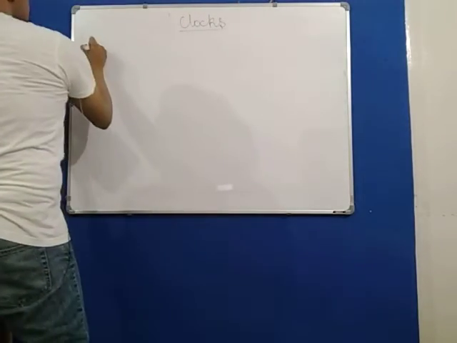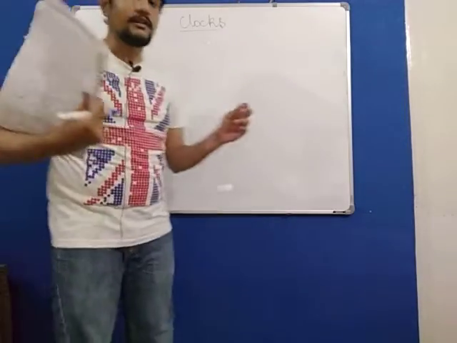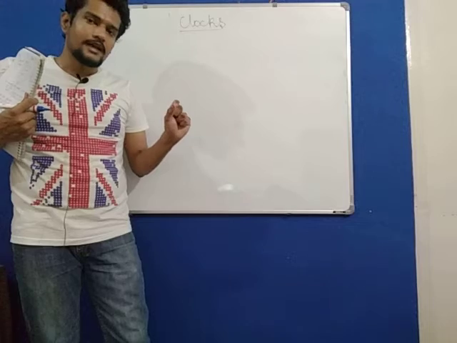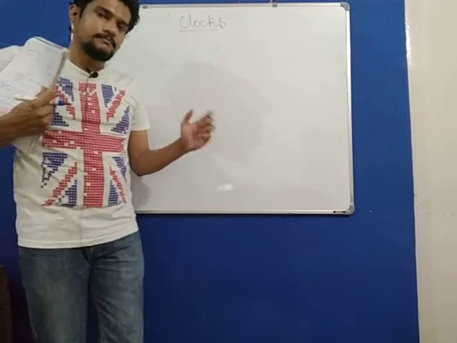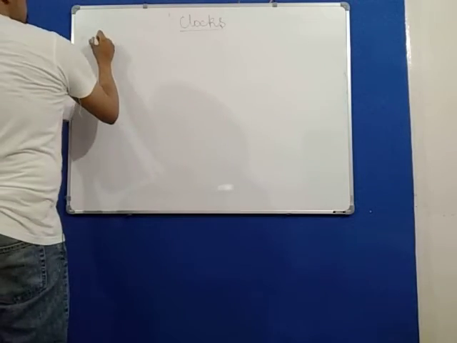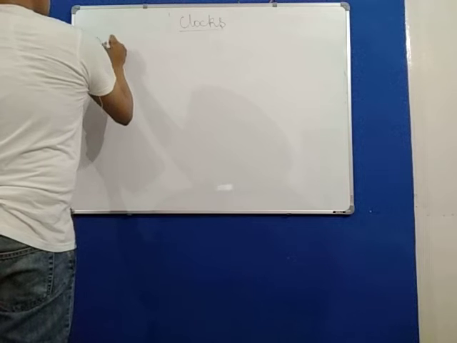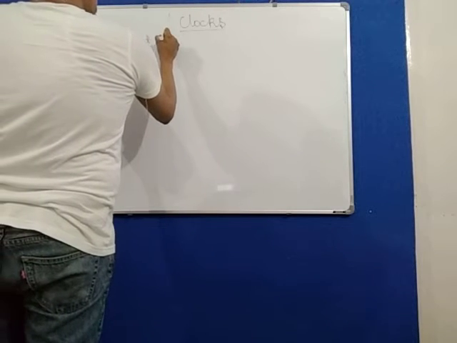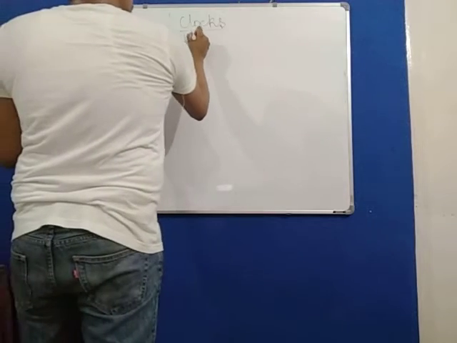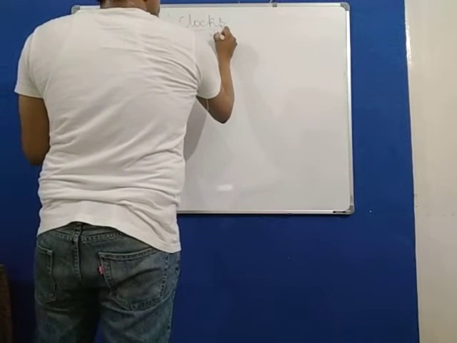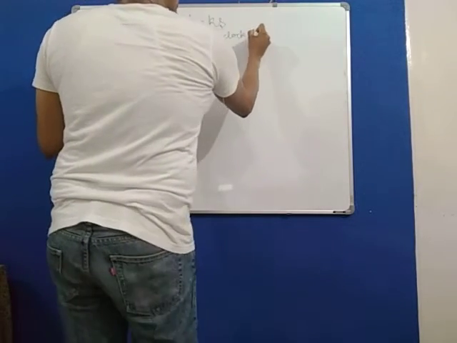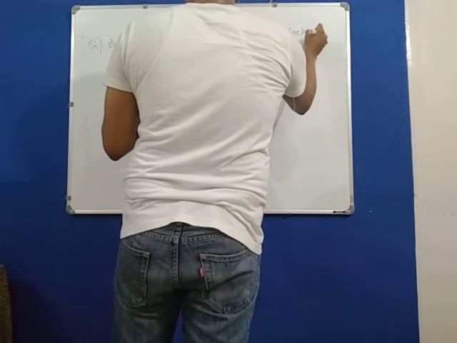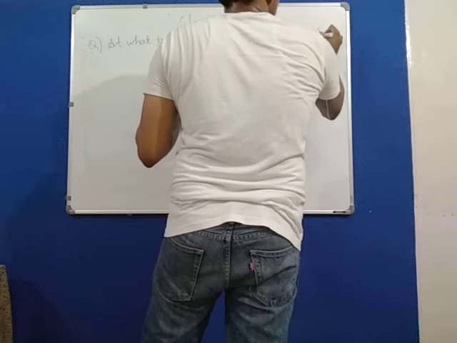Now we have a question. Whatever I am writing, whenever you have to note it down, you can simply pause the video and note it down. So the question that we have is: at what time between 3 o'clock and 4 o'clock will the hands of the clock coincide?